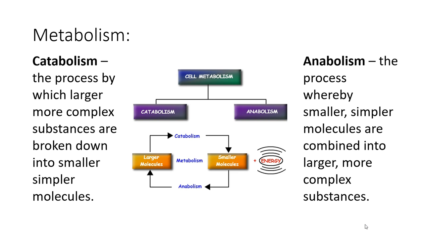As we look at metabolism, I would like us to take a moment and look at two specific metabolic processes. We have catabolism and anabolism. Please make sure that you make a notation of these. Anabolism is the process by which larger, more complex substances are broken down into smaller molecules.